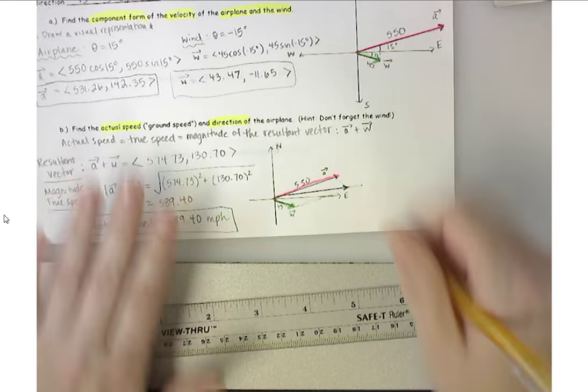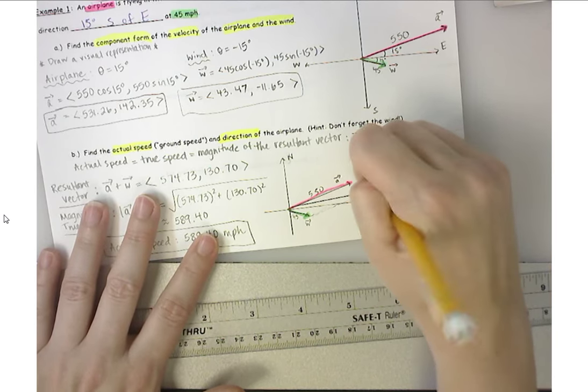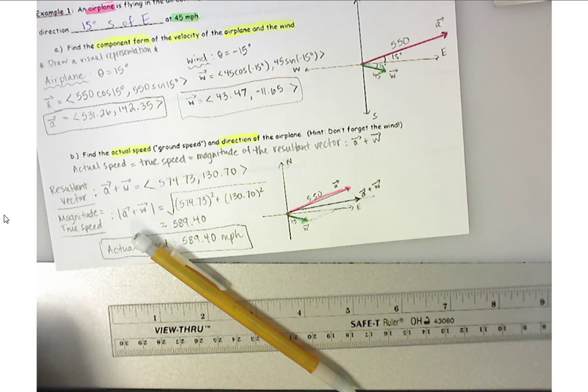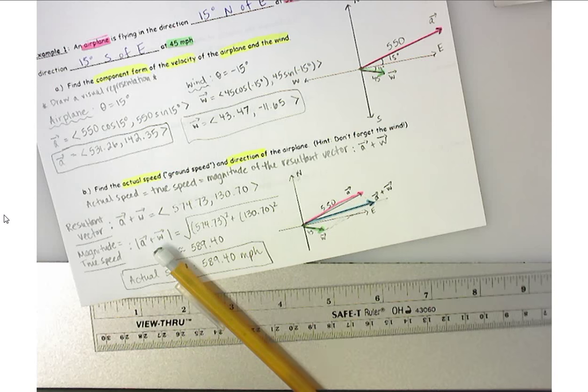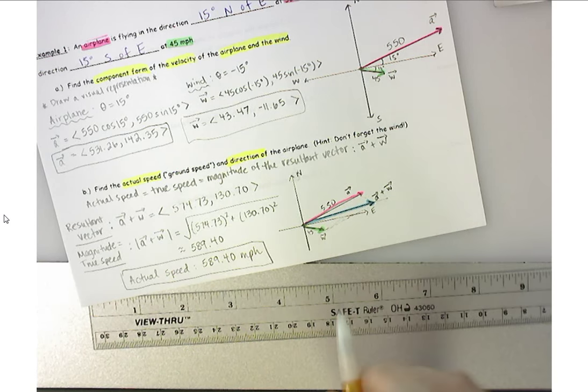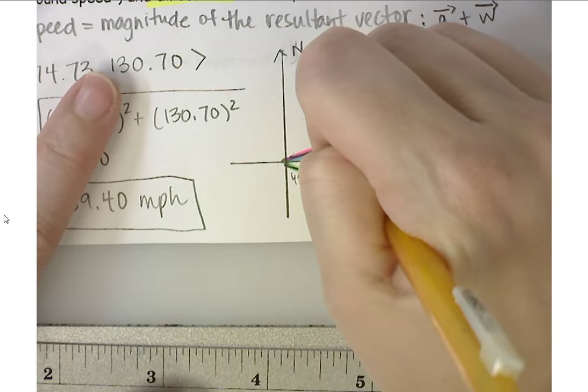So that is going to be the airplane plus the wind. That's my diagonal. So when it says that you're finding the direction of the airplane, what you're finding here is this value of theta.